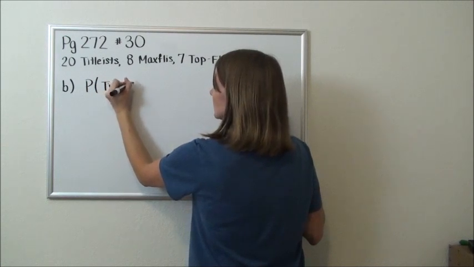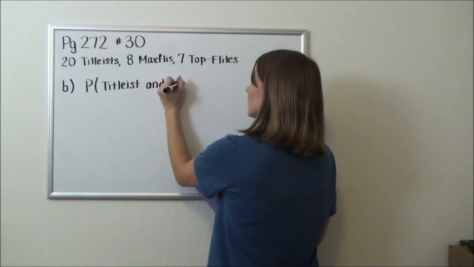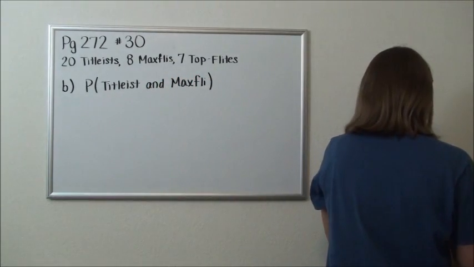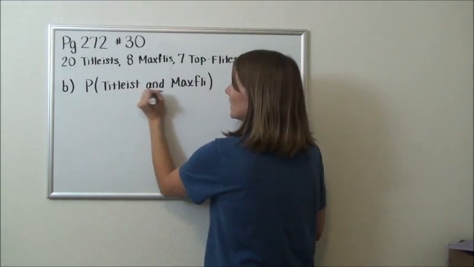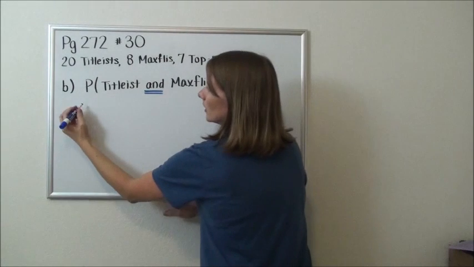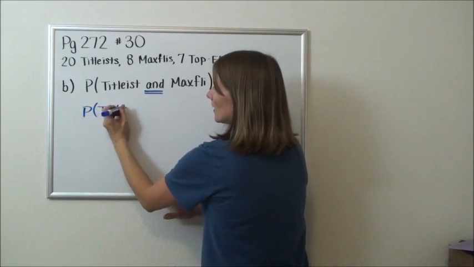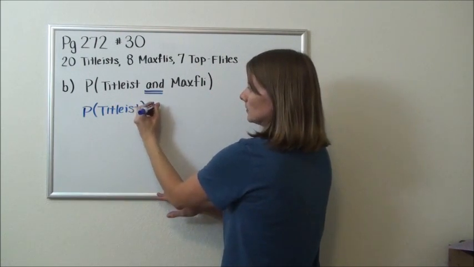So we get a Titleist first, and then we get a Max Fly second. So again, the word and implies we're going to be doing multiplication, always starting with the first event. So the probability that I grab a ball that's a Titleist, and turns to times.